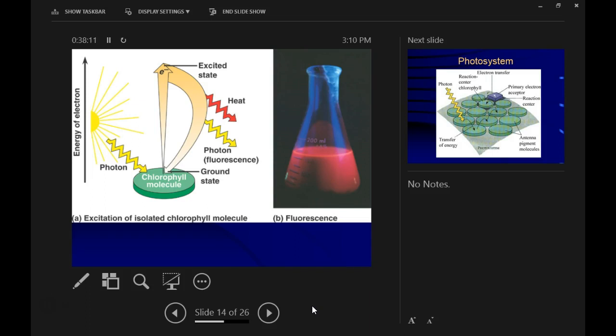They stay there for a fraction of a second, they drop back down, and they give off that energy as heat. Now, if we think about a white car, that light's being reflected back. It's unpigmented. So that's why dark substances are a lot warmer when exposed to heat and light than something that's light colored. And that's because of what the pigment's doing and what the electrons are doing.